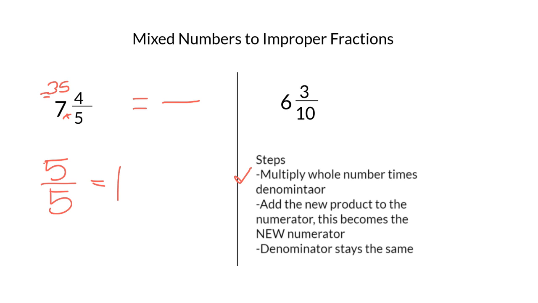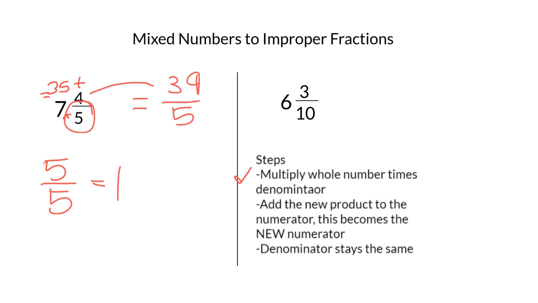Okay, so that's how I got 35, and then I'm going to add that to the numerator we already have. So 35 plus 4, 36, 37, 38, 39. So that is going to become my new numerator, 39, and my denominator, 5, is going to stay the same. That's it.